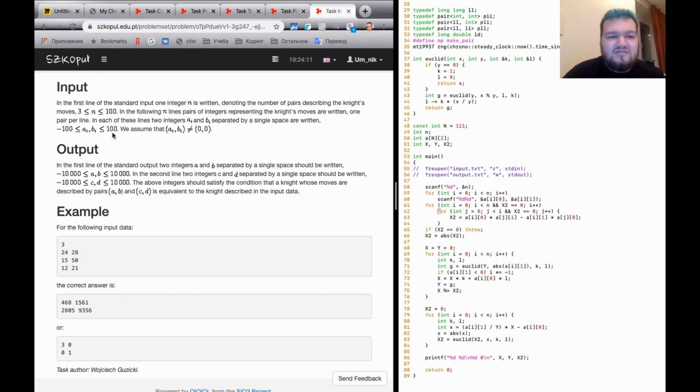It's not greater than 100 because it's just GCD. But x2 here can be up to 20,000. Like it's 100 times 100 plus 100 times 100 times 100.